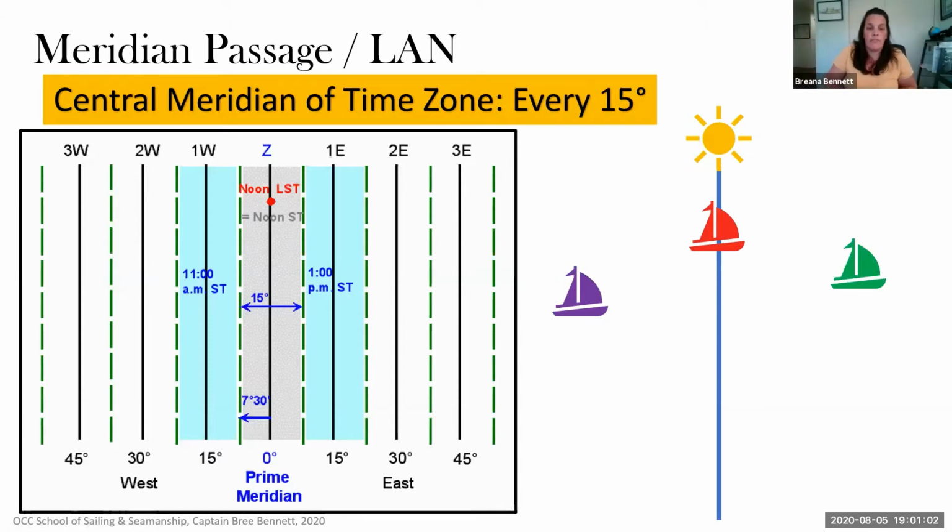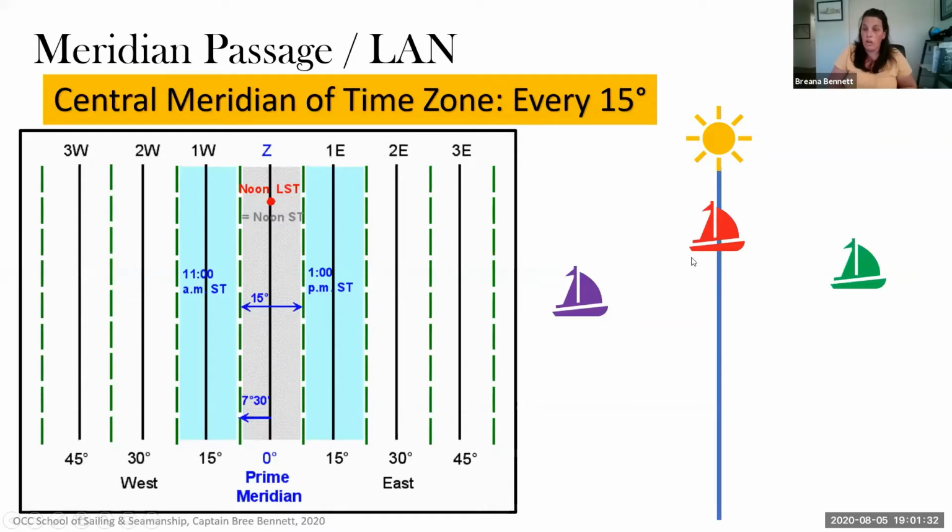So if the sun is passing the prime meridian at LAN, right on top of it, then if you are anywhere to the west of it, the sun hasn't gotten to you yet. If you're to the east of it, LAN has already occurred.